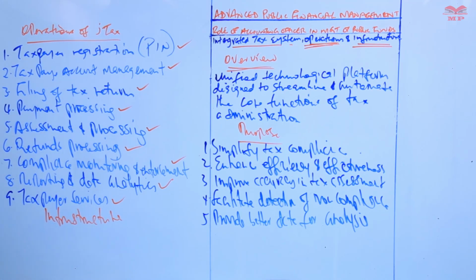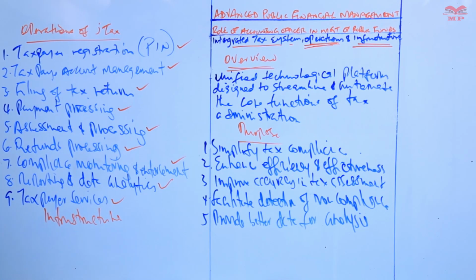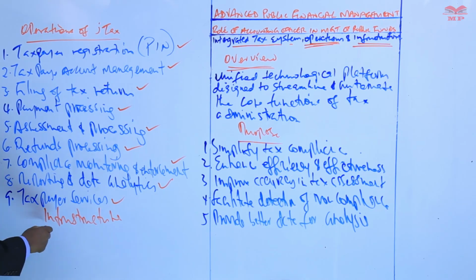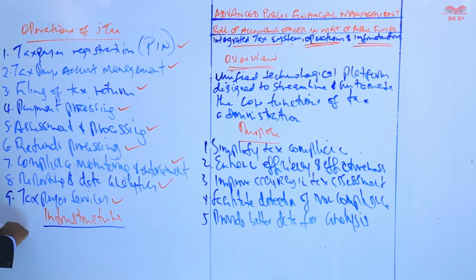Now, implementing and operating an effective integrated tax system requires robust and well-maintained infrastructure, which may include 1, hardware.